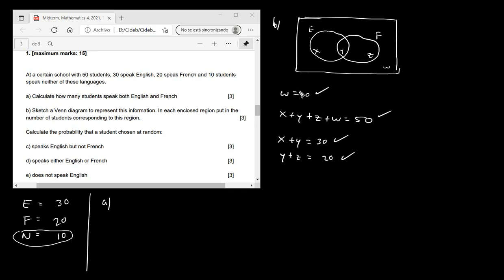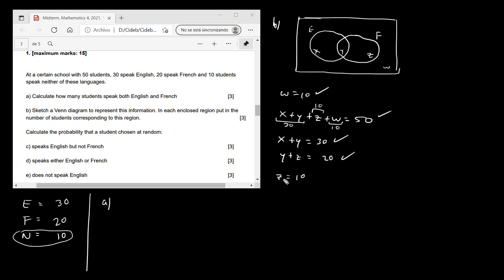I already have W. Now let's look for this. Look, X plus Y is 30, so I know that this is 30. I know that this is 10, and therefore I can calculate Z, which must be 10. So that 30 plus 10 plus 10 gives me 50. So that's my first deduction.